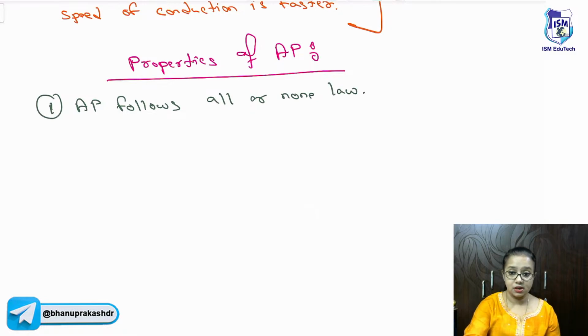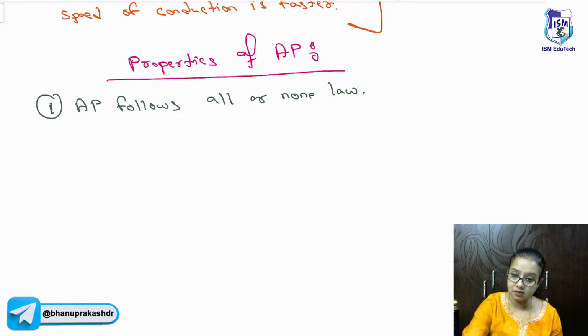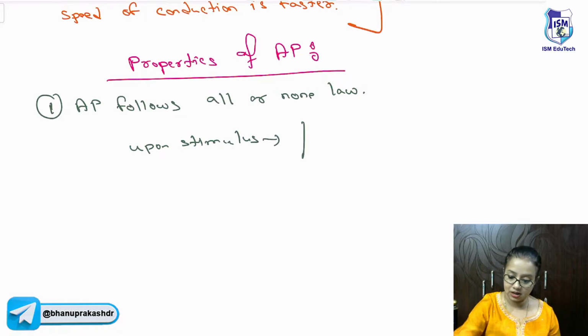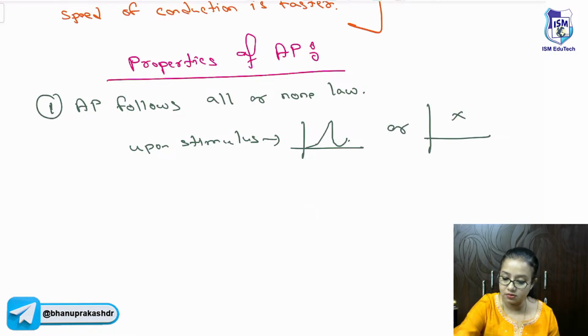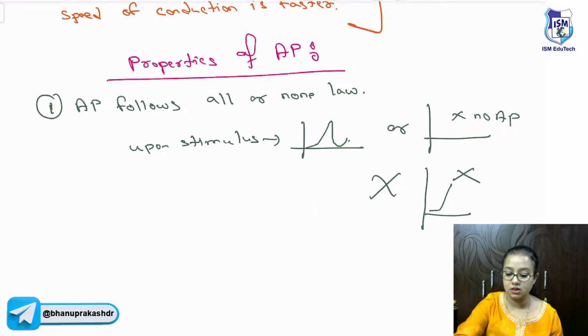It means if a stimulus is given, then either there will be an action potential or there will be no action potential. It will never be like half has happened and half is not happening. It will never happen.